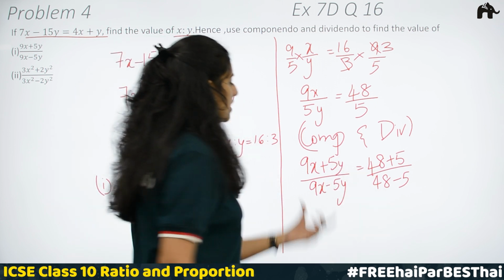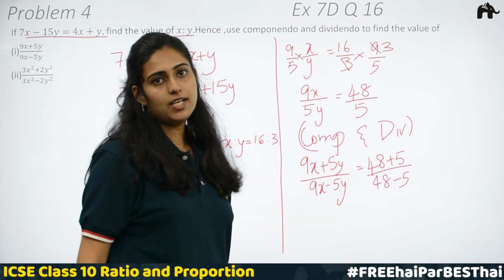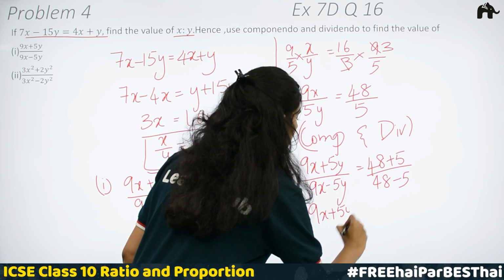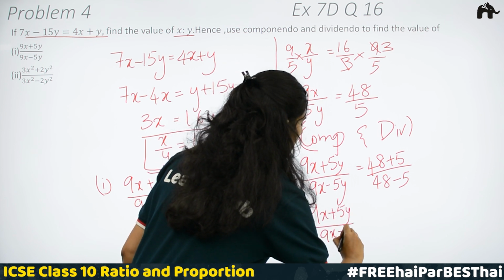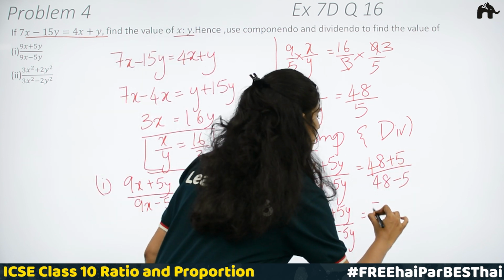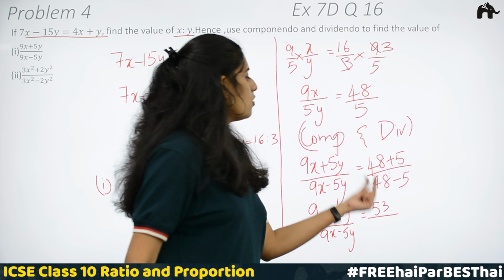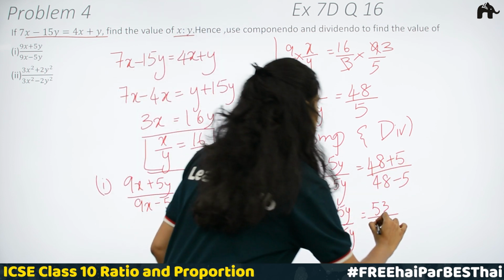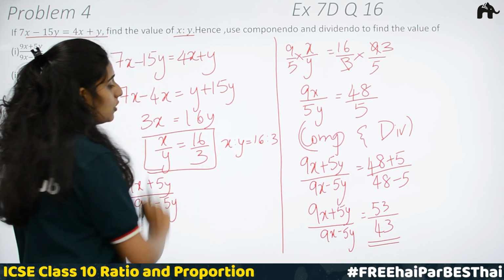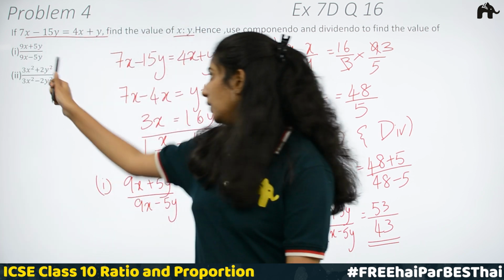When you solve this, you will be getting the value of 9x plus 5y divided by 9x minus 5y. What do you get? It is equal to 48 plus 5, that is 53, divided by 48 minus 5, that is 43. This is the value. Okay, we got the value for the first question.